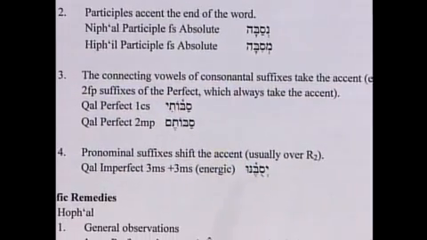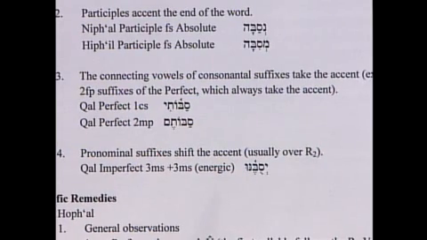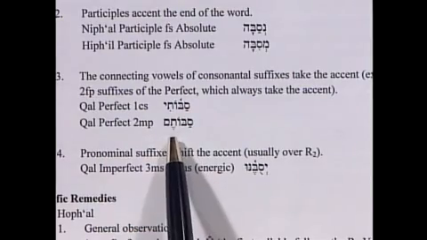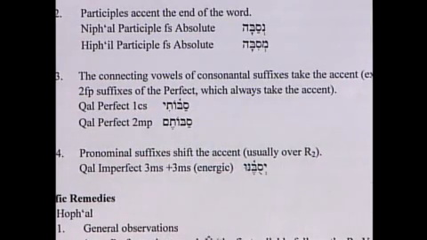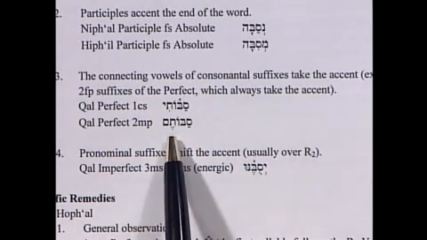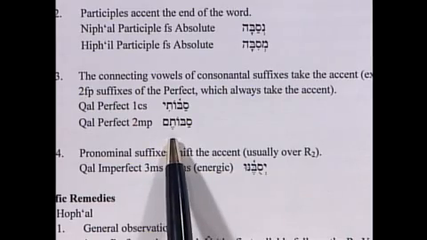And again, the connecting vowels for the consonantal suffixes, the holam vav or the sere yod for your imperfect, again, they will also take the accent. But in the perfect, as you can see here, if you have a heavy suffix, the tem-ten, it will carry it all the way to the end of the verb, as you see in the example I give you here.